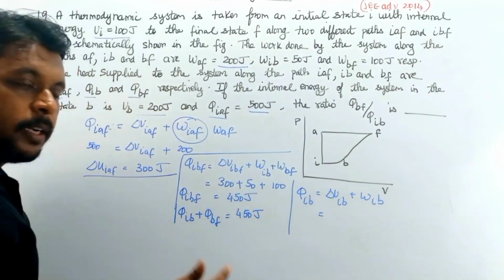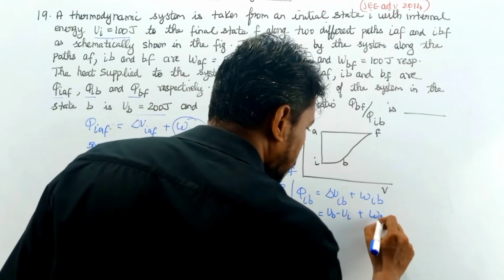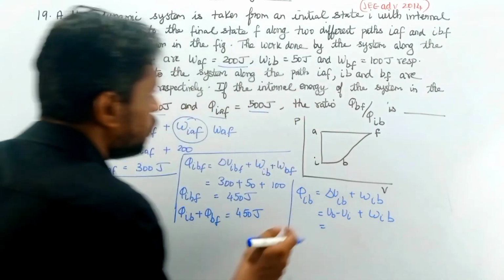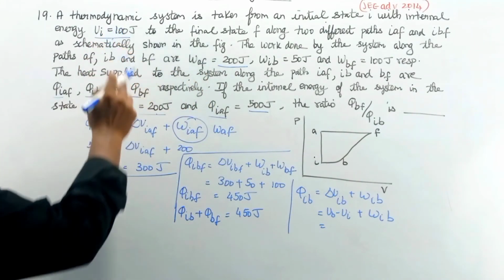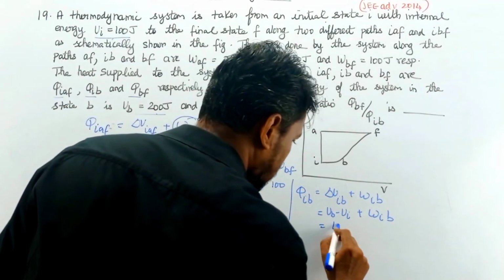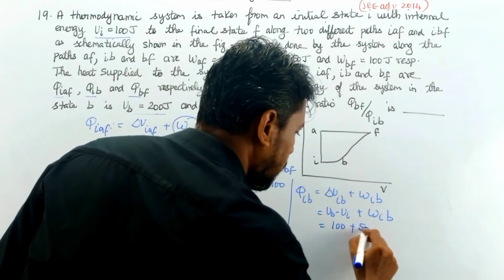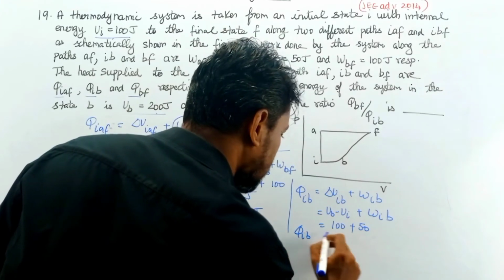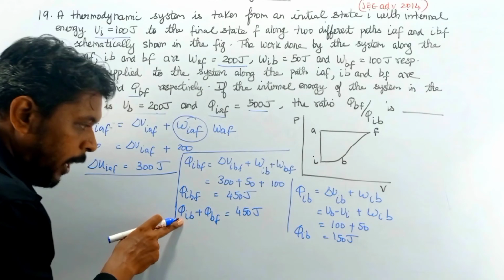Delta U IB is UB minus UI, plus WIB. UB is 200, UI is 100, so 200 minus 100 is 100. WIB is 50. So QIB is 150 joules.